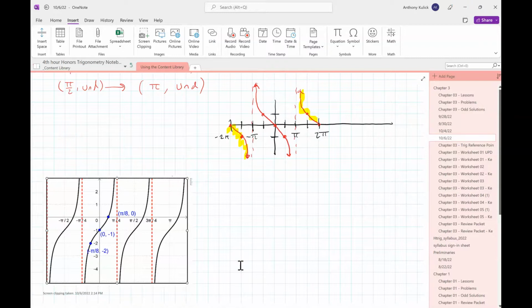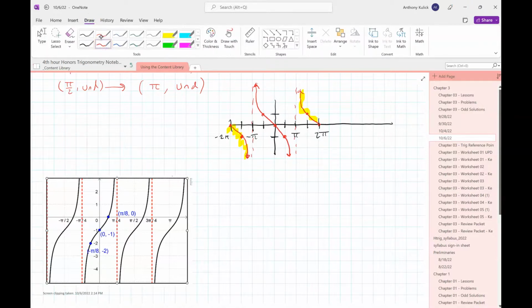All right. What if I want to write the equation from the graph? Okay.